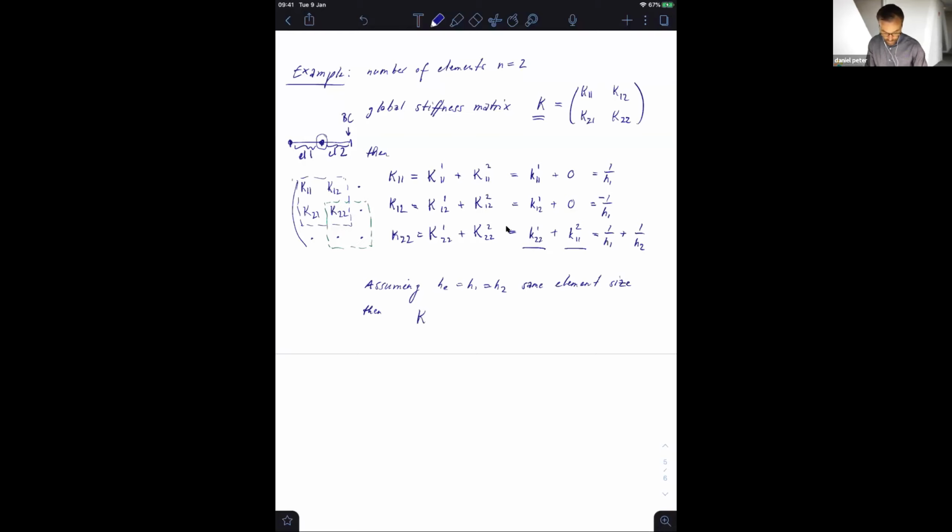Then the global matrix would just be 1 over H, or this H of the elements, with this contribution of two for the K22 element. So this would be the global stiffness matrix.